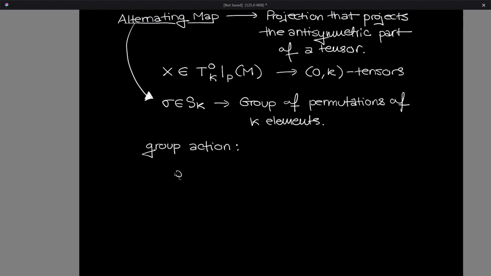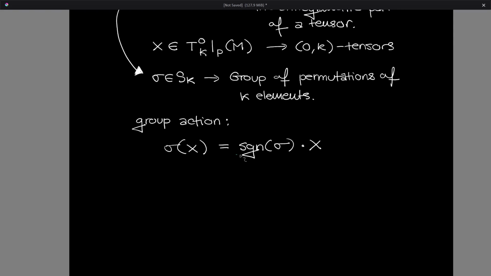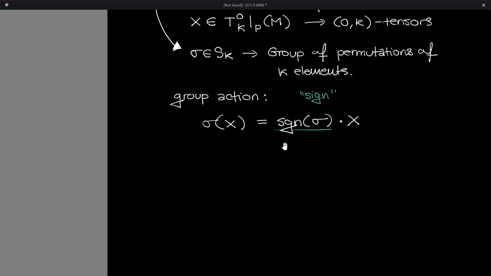It's going to act by sigma of x is equal to sign of sigma times x. What is this function? It's called the sign function. It returns the sign of the group element.